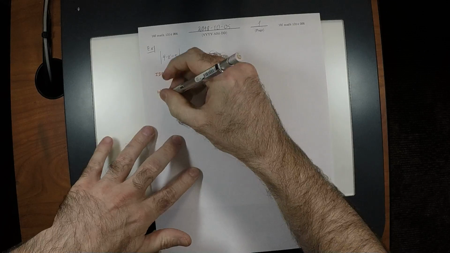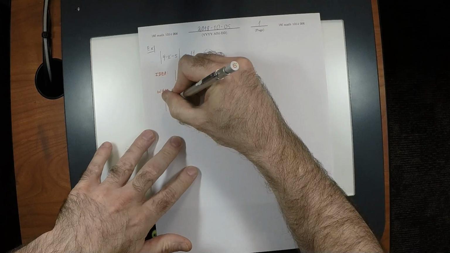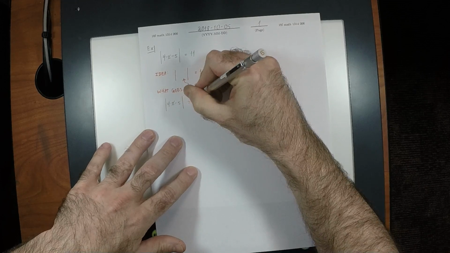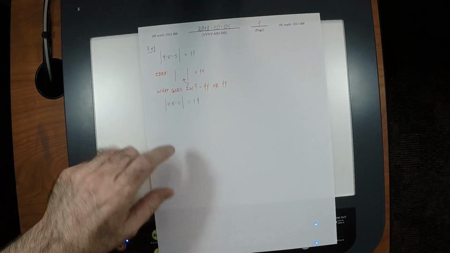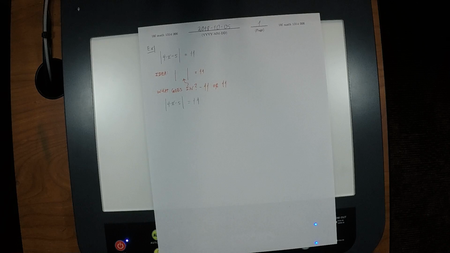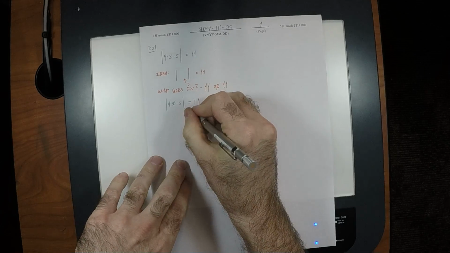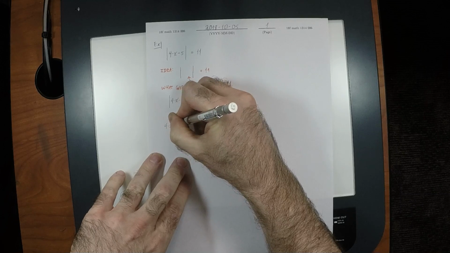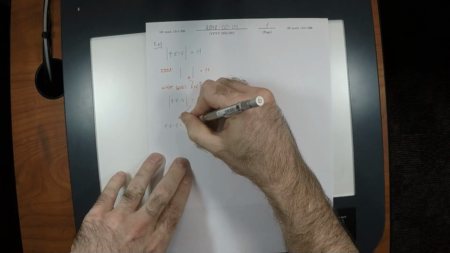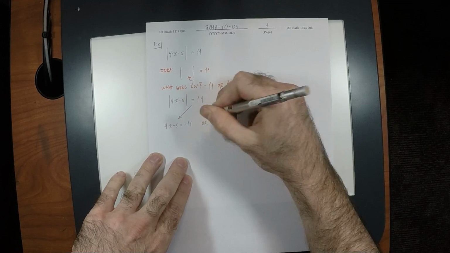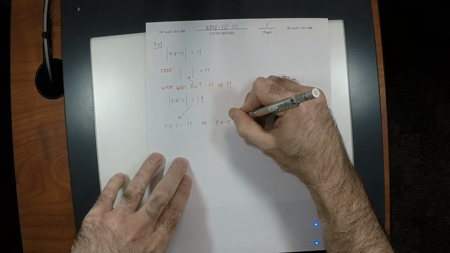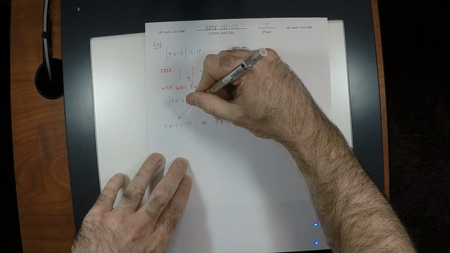So I'm just copying it down. What that means is that there's two possibilities. This equation splits into two pieces. One possibility is that 4x minus 5 could be negative 11. Another possibility is that 4x minus 5 could be 11.